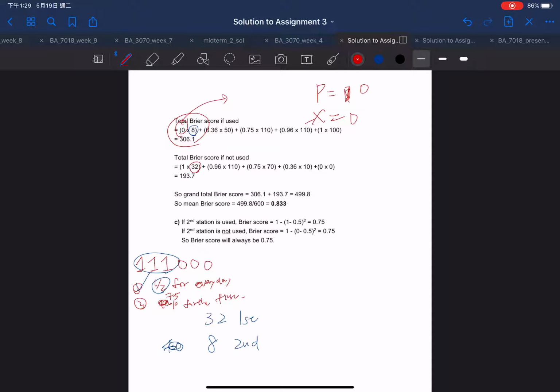So like I said, you can define it either way. So raining can be 1 or raining can be 0, either way, right? So the definition is whatever you like. So here in the solution, it defines X as 1 here.